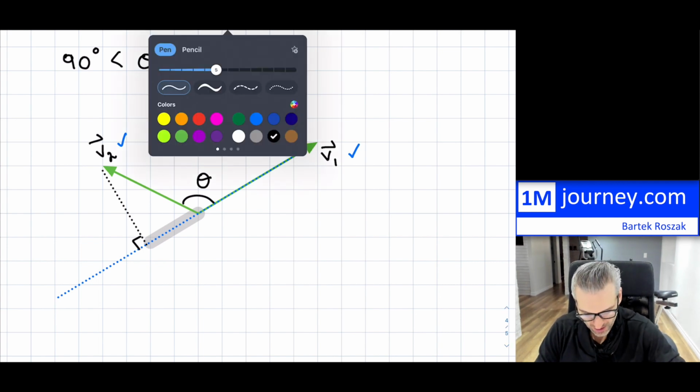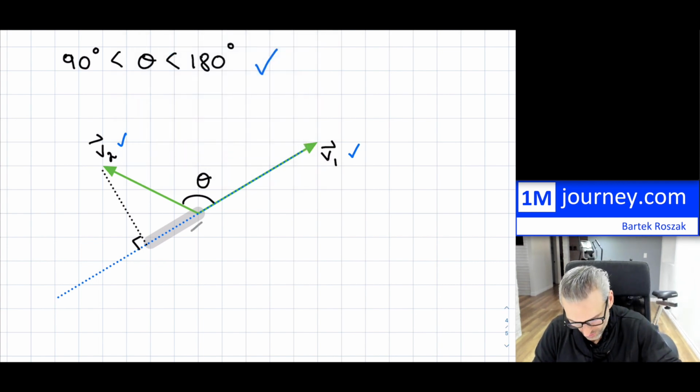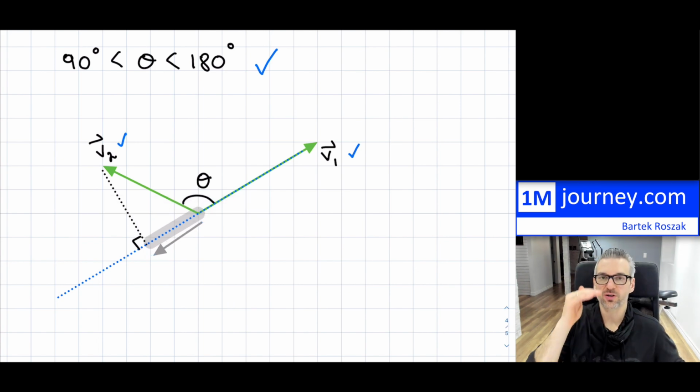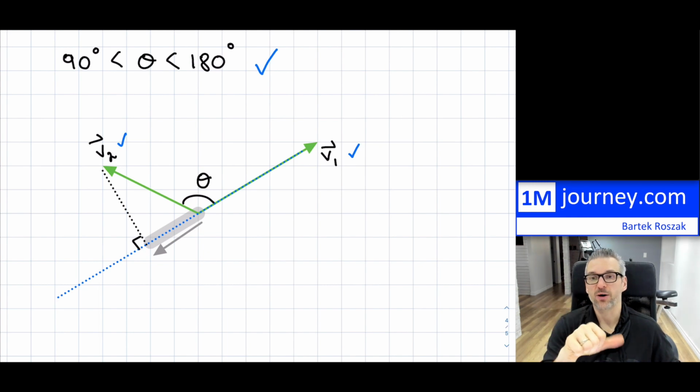So if we were thinking about creating our projection now, then our projection is going to be basically this. It's still going to be in the direction of V1, but now in the opposite direction. So that's what happens.